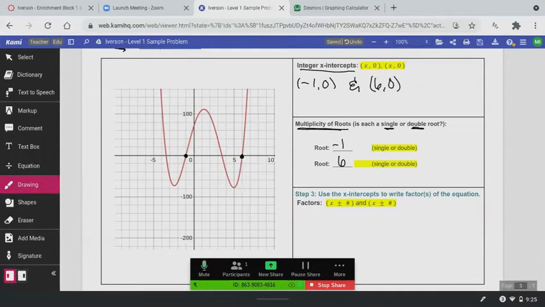And we can see by my graph that at -1, the line crosses through. So we would call this a single root. And at 6, my line crosses through again, making this a single root as well.